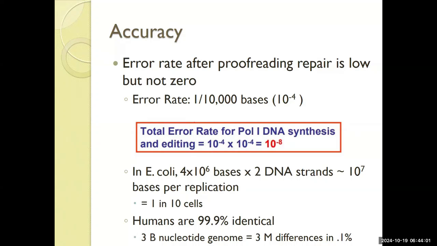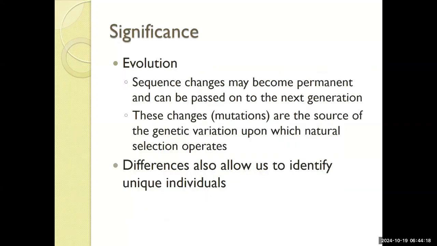And so while humans are 99.9% identical, given that 3 billion nucleotide genome, there's still roughly 3 million differences accounted for through this random error and mutagenesis. But this isn't necessarily a bad thing. Remember that evolution occurs when there are sequence changes, when these changes are passed on to the next generation, and these differences allow us to identify unique individuals and circumstances.